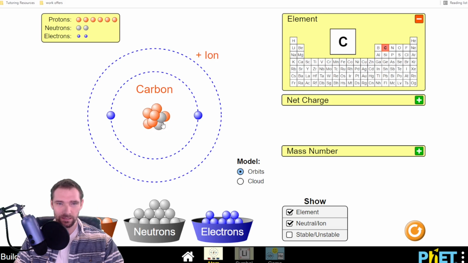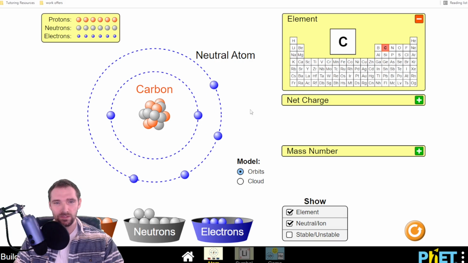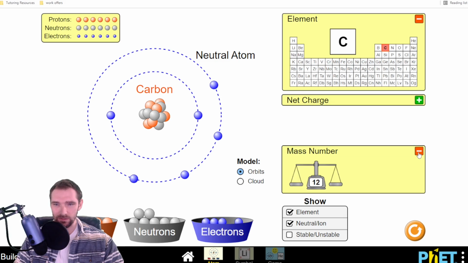So I'm just going to make carbon, and then I think right now that would be carbon 12. So that's one of our isotopes. Should also probably get some electrons on there to balance out the charge. So this is a neutral carbon 12 atom. And you can see, oh, well, it's neutrally charged.